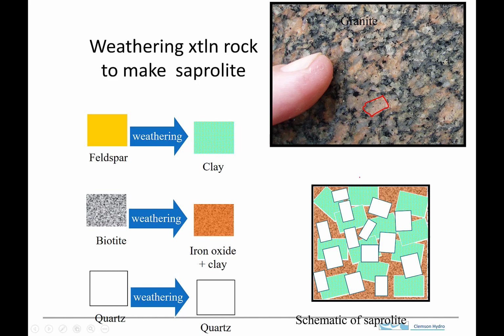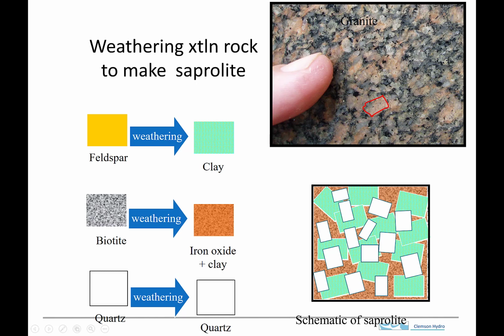And one of the important consequences of this is that feldspar is a strong mineral, and when it's intergrown with these other strong crystalline minerals, we have quite a strong rock. But clay and iron oxide are readily fractured. And so when we have a material that's altered like this, we can easily cut it with a shovel because we can have fractures that go through it and go around these quartz grains.